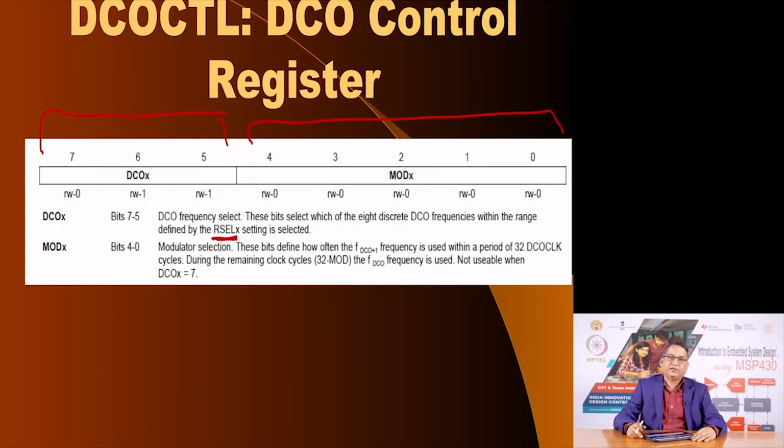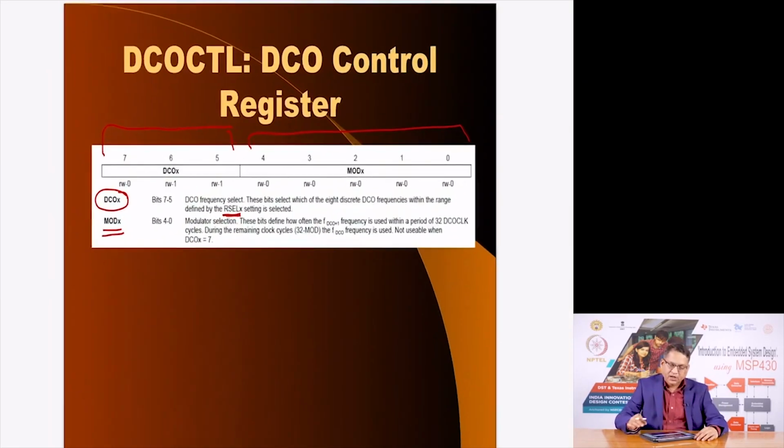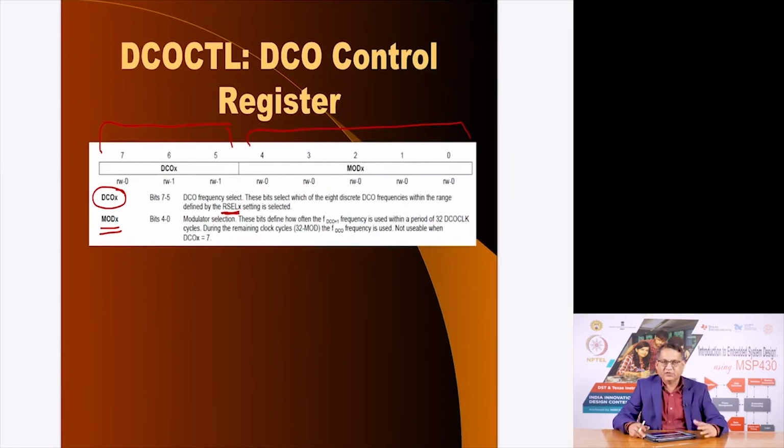These RSEL bits allow you to go from 16 kilohertz to 16 megahertz, 60 kilohertz to 16 megahertz, and within that these bits will tell you what particular frequency you can operate at. If you want to have a frequency selection even finer than you can get with DCOx, then you have to play with the MODx bits. For introductory applications, for simple applications, you do not have to worry about this.